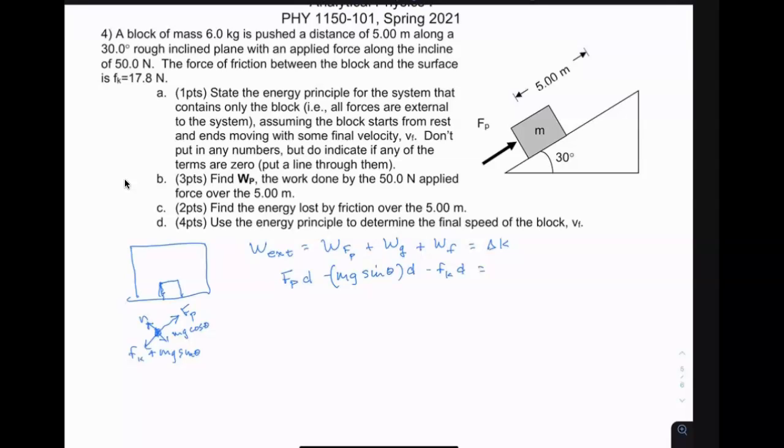And that's equal to the final kinetic energy minus the initial kinetic energy, which is 1/2 mv final squared minus 1/2 mv initial squared. But the initial kinetic energy is 0. So that's part A.